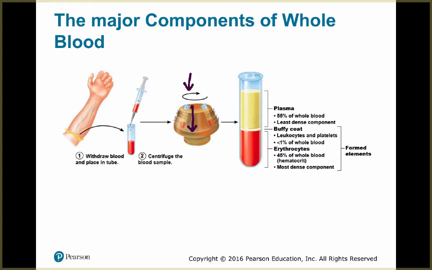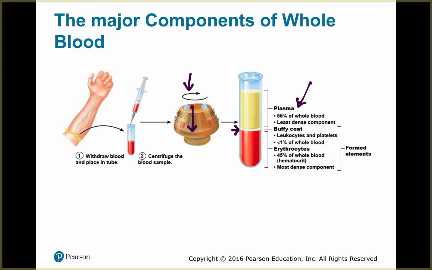So if you see here, the least dense component of all this is plasma. And as you can see, it's about 55% of the total whole blood. Now, in the middle, there's this small part here that is what's known as a buffy coat. And this is going to be less than 1% of the total blood.